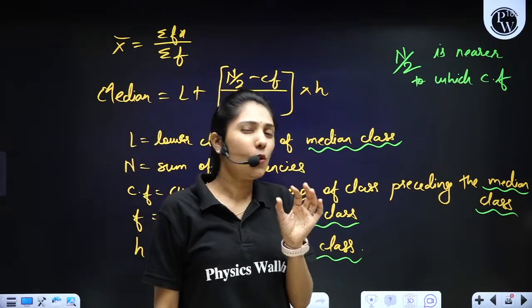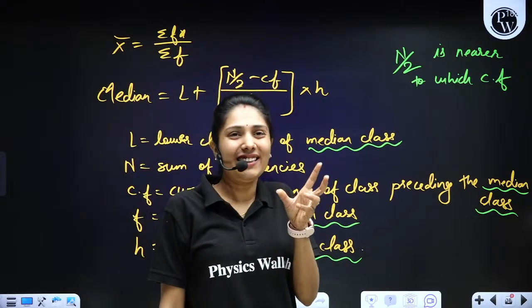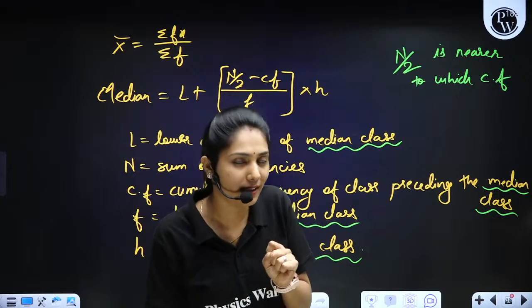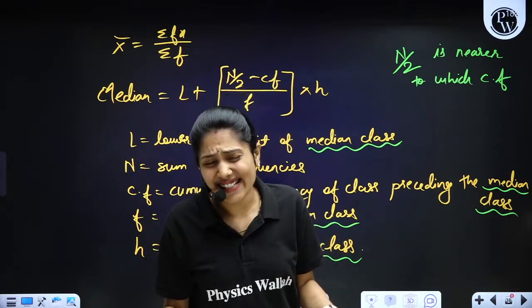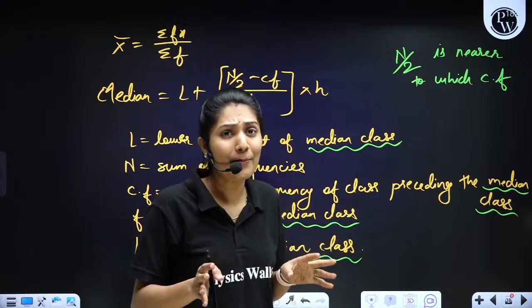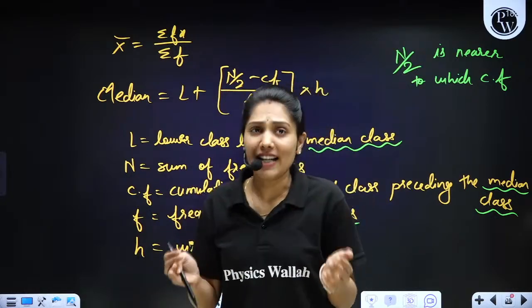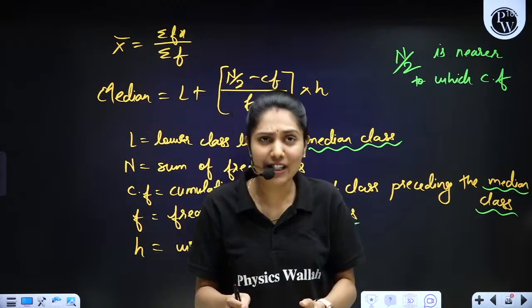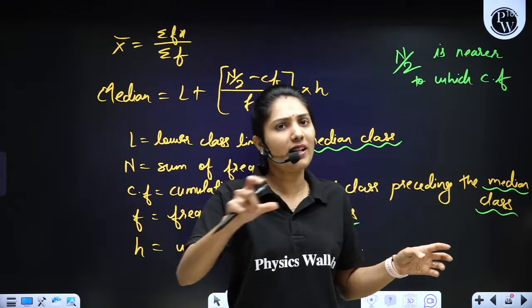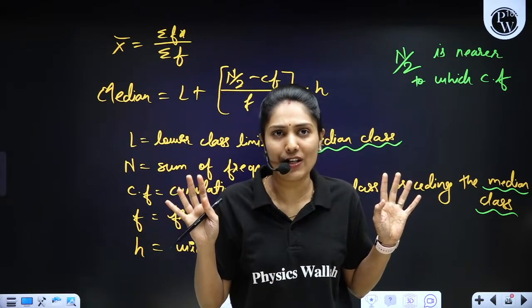So it's quite confusing to find the median class, but in the case of the modal class, it's the easiest one. How? In particular data, whichever class has the highest frequency. Frequencies are already given to you in the question.